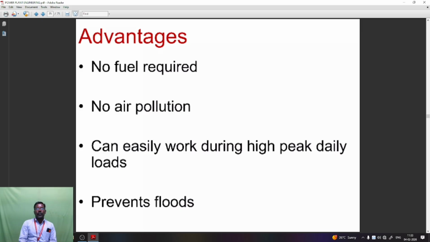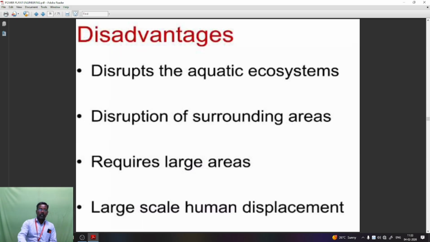Advantages: no fuel required, no air pollution, can easily work during high peak daily loads, prevents floods. Disadvantages: disturbs the aquatic ecosystems, disruption of surrounding areas, requires large scale human displacement.